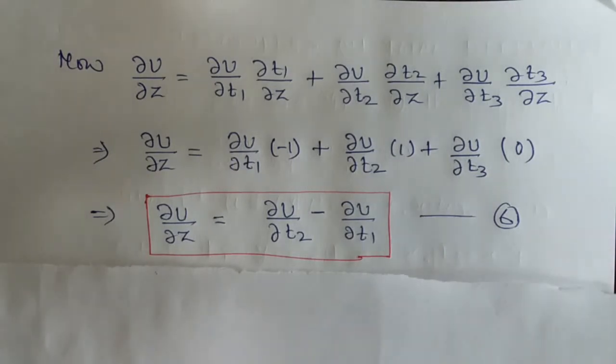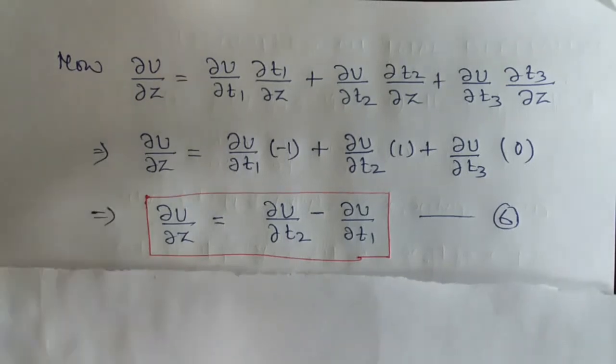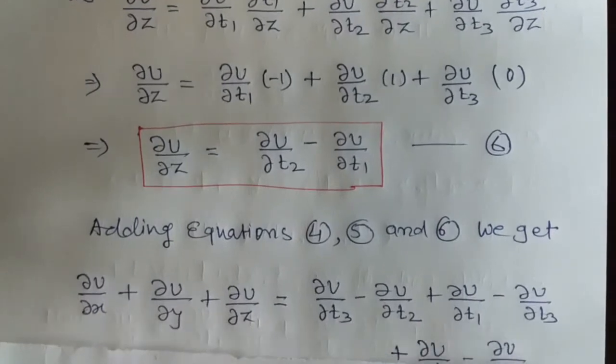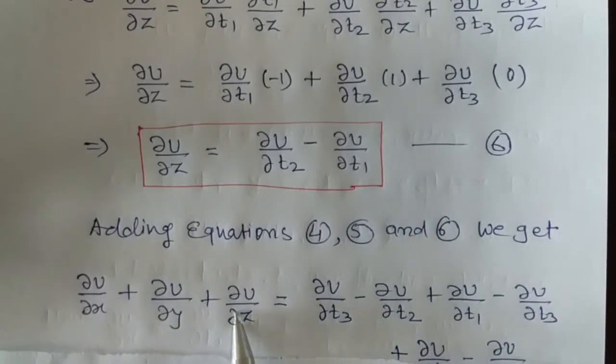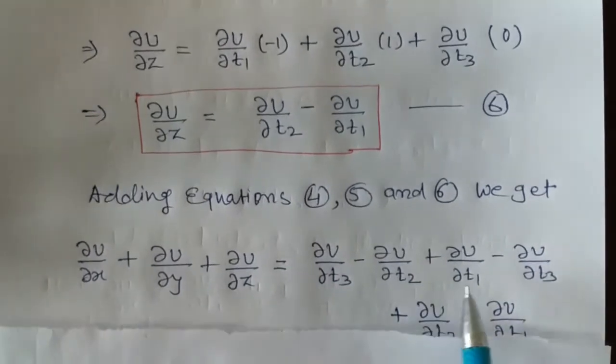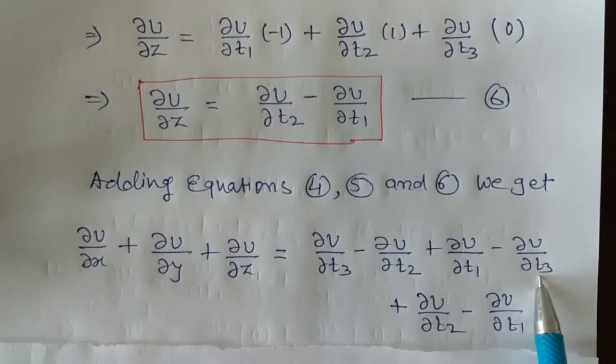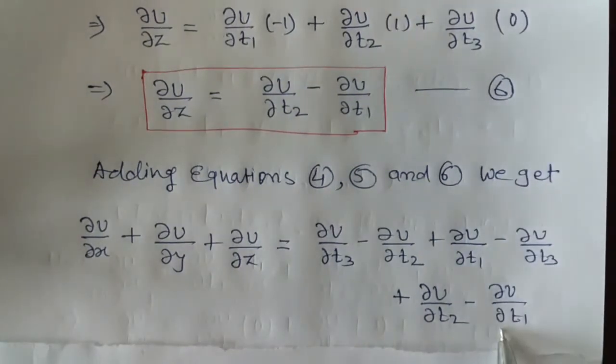Now as we require the sum of del u by del x plus del u by del y plus del u by del z, adding equations 4, 5 and 6, on the left hand side we have del u by del x plus del u by del y plus del u by del z. On the right hand side, this is the value of del u by del x, this is the value of del u by del y, and this is the value of del u by del z.